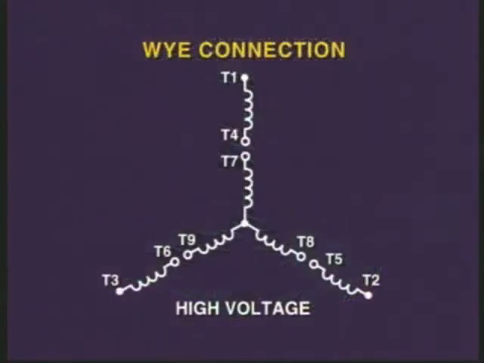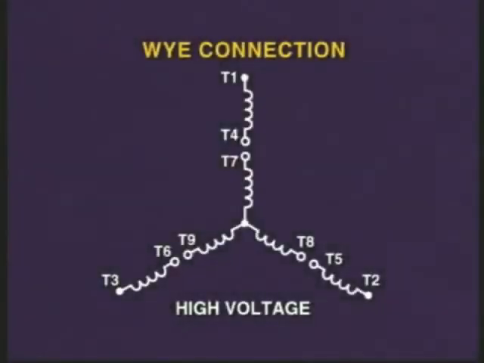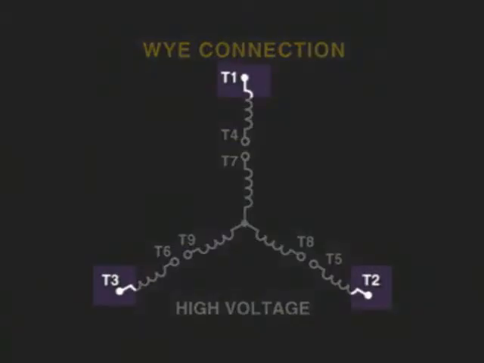The squirrel cage Y-wound dual voltage motor has 9 terminal leads from the end of its coils for field connections. These terminals are numbered clockwise, starting at 1, 2, 3, and so on. The terminal connections T1, T2, and T3 from the starter are connected to the T1, T2, and T3 of the motor.